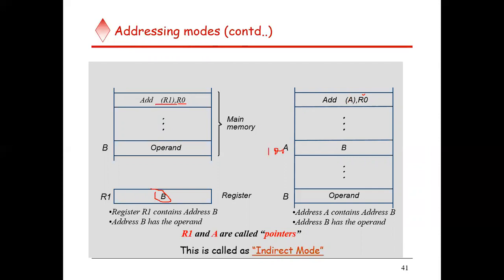Go to 1000, and there you find another address, as the bracket indicates. That is 2000, so go to memory location 2000, and there you find the operand you require. So here A is holding an address, so we can say that A is also working like a pointer.